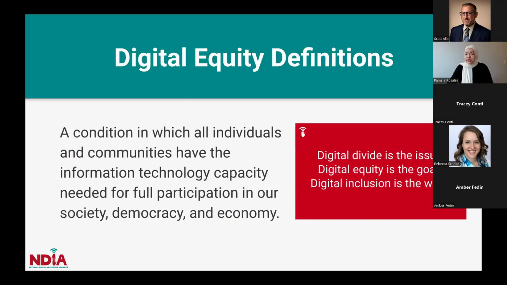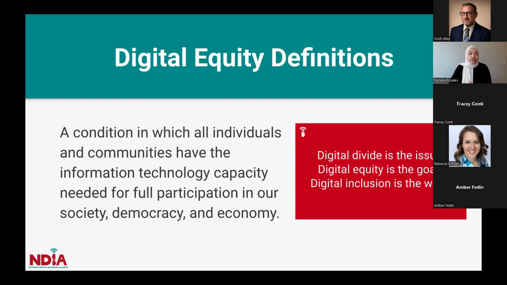All right, so let's define some common terms. You might have seen some of these terms used interchangeably, but each of them have their specific definitions. So first, let's define digital equity. That is what we call the goal. It's the condition in which all individuals and community members have the information technology capacity needed for full participation in our society, democracy, and economy.